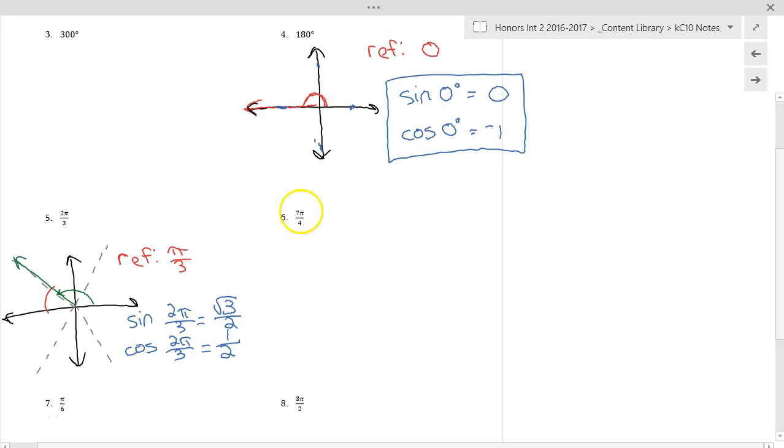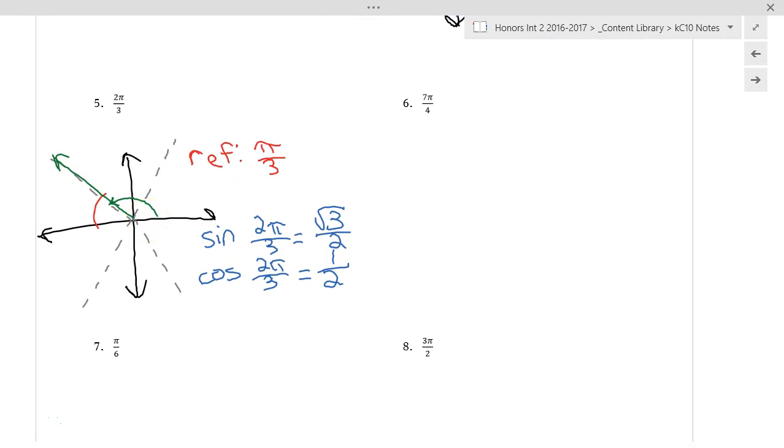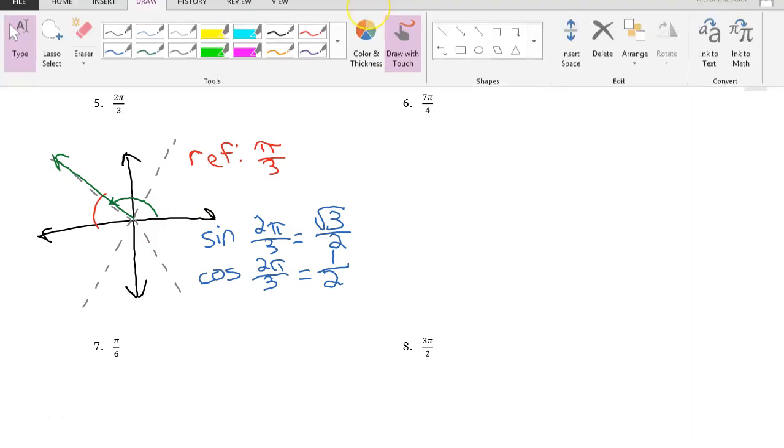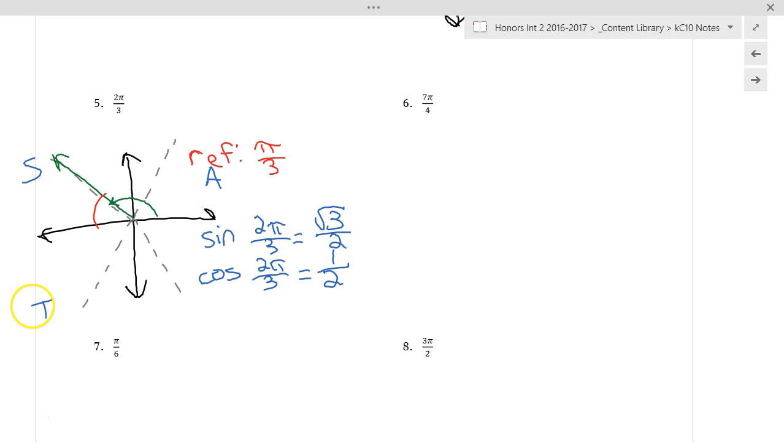Then the last thing we have to do for this problem is decide what our signs are going to be. Here we're in the second quadrant. The second quadrant is S, right? All Students Take Calculus. So sine is positive, that means cosine is negative. So it's square root 3 over 2, negative 1/2.